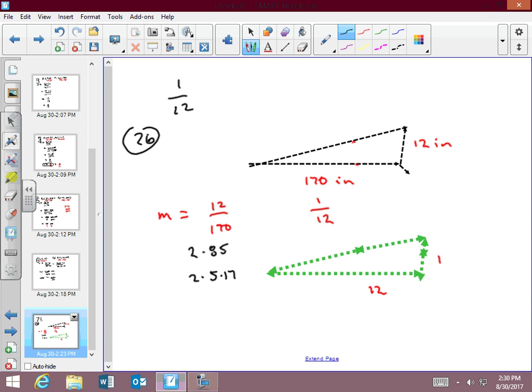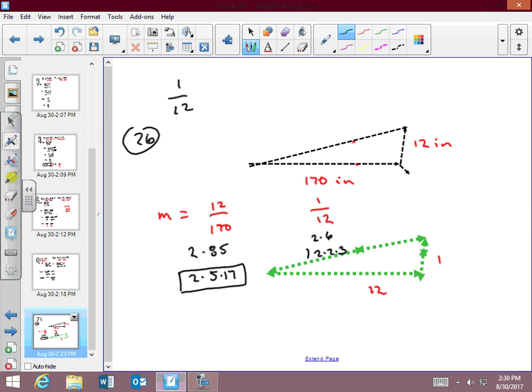So this is the prime factorization of 170: 2 times 5 times 17. All right? The 12, prime factor, a 2 would come out, and you'd have 6. Then you go 2 times 2 times 3.